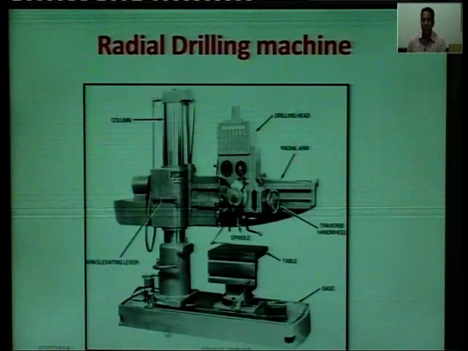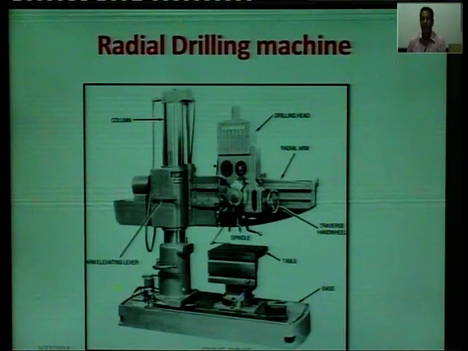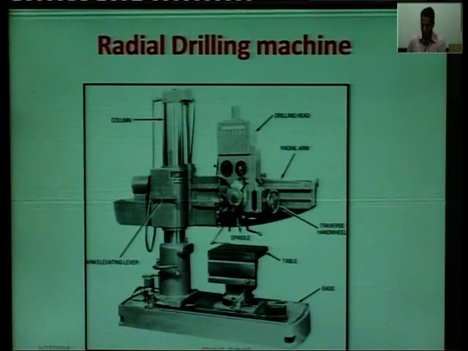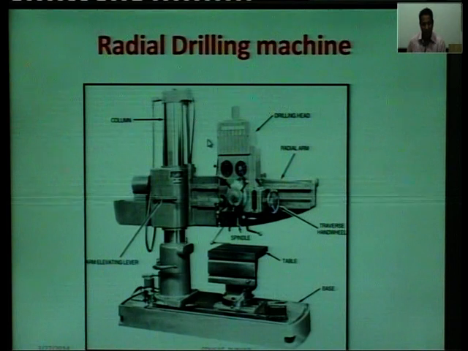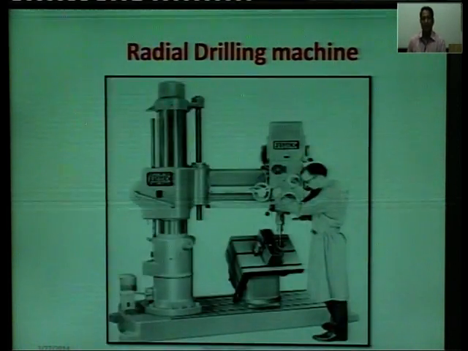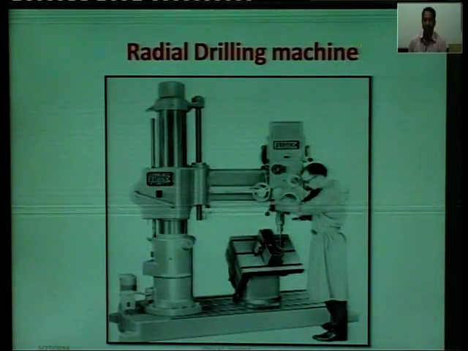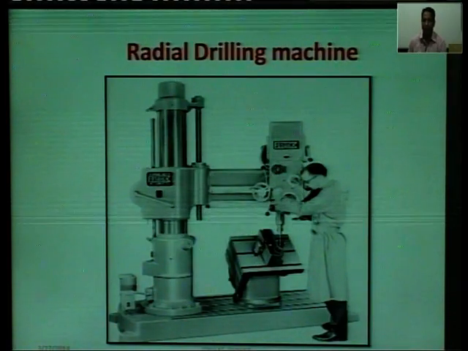This is a huge machine, huge table, big machine. It is a very important machine. All major workshops, all major industries have this kind of drilling machine. This is another figure of the radial drilling machine. You can see how the operator works.